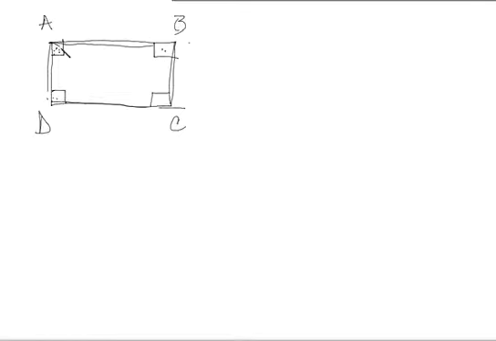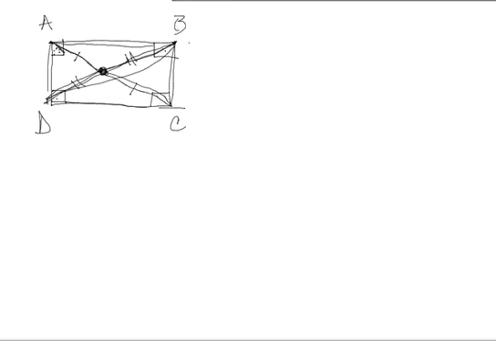Now, let's think about the diagonals. Since a rectangle is a parallelogram, what do we know about the diagonals? Well, this drawing is terrible, but the diagonals do bisect each other. So this is going to be equal to that, and this is going to be equal to that. And in fact, although the book is not saying this yet, you're going to find out that the diagonals of a rectangle are even congruent to one another.